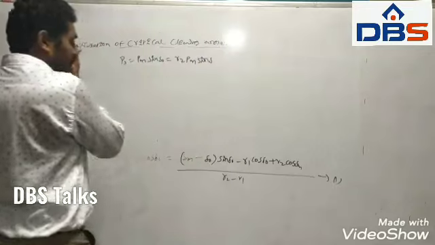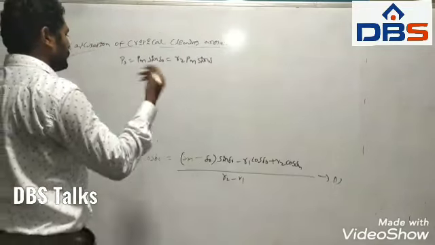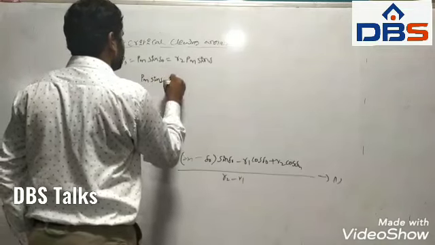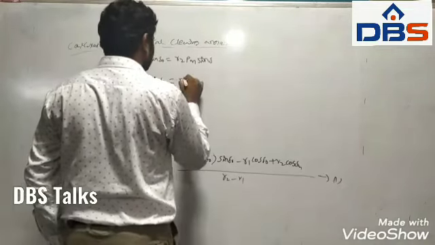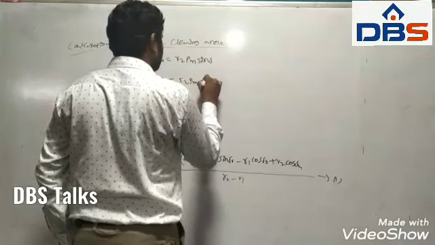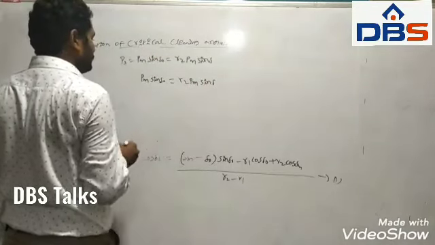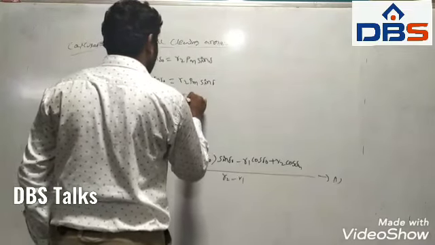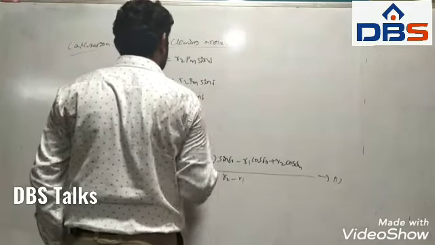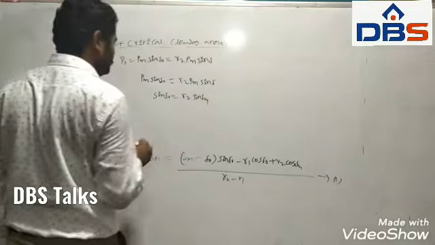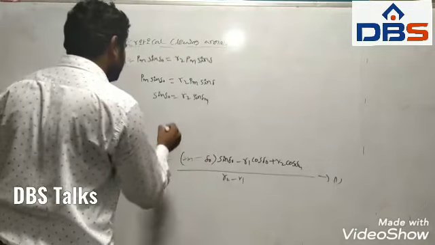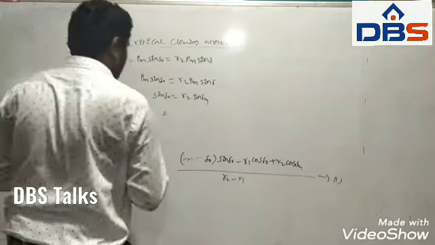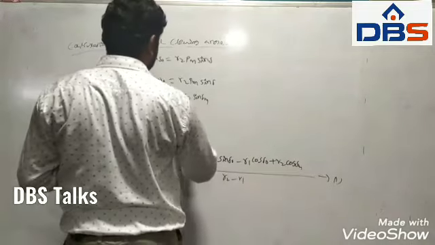So here the P and Q points are equal, that means Pm sin delta naught is equal to r2 Pm sin delta. So from this one we are writing sin delta naught is equal to r2 sin delta m.